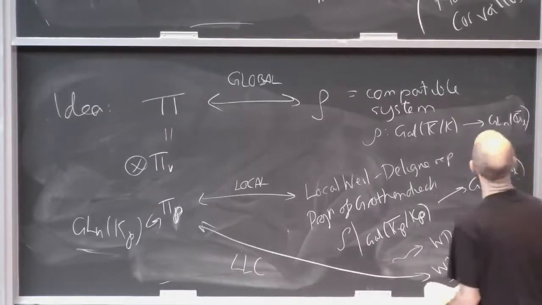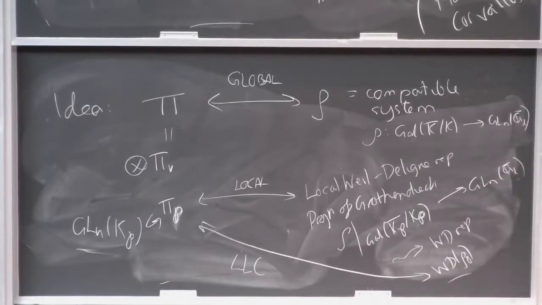And the reason I mention this is because this has a really concrete consequence, which is that an automorphic representation of GL_n of the adeles of K is not, so here's a consequence.